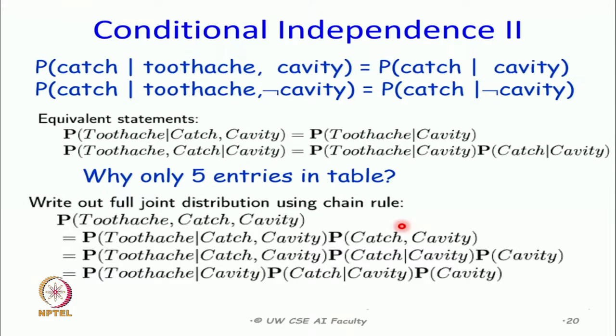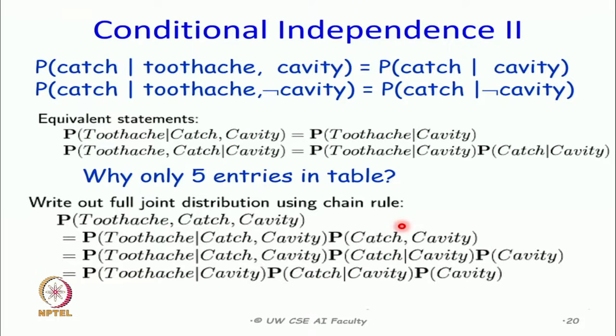So far so good. Now, let us think about how many parameters I need if I give you this factorization. How many parameters do I need to represent probability of cavity? Somebody from here.